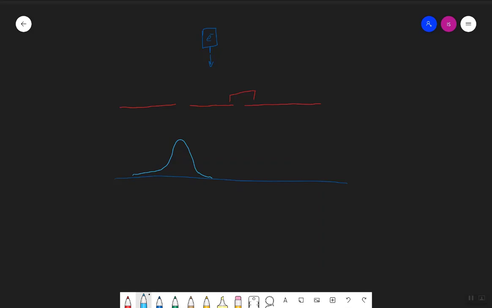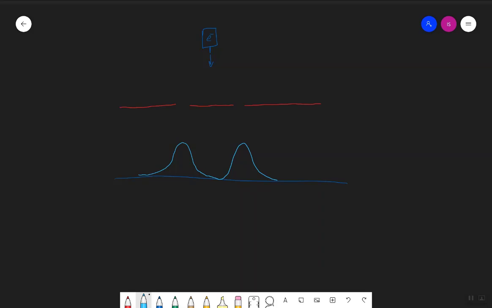Now let's look at what would happen classically if we have both slits open. The electron will go through either this one or this one, and so we'll have some distribution like this, lower in the middle again. It should have some symmetry around there, but I'm not a great artist.